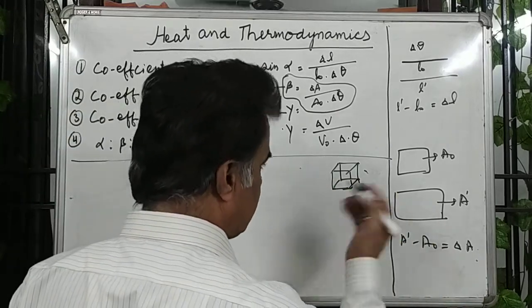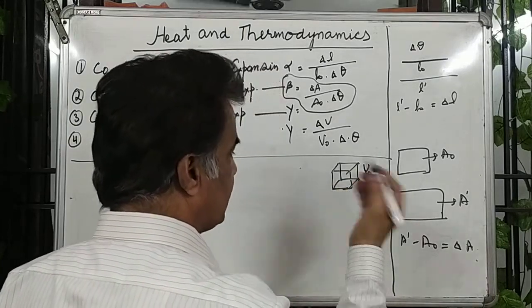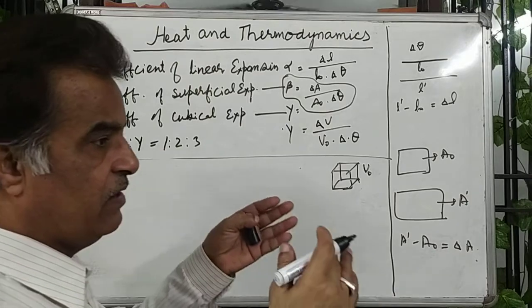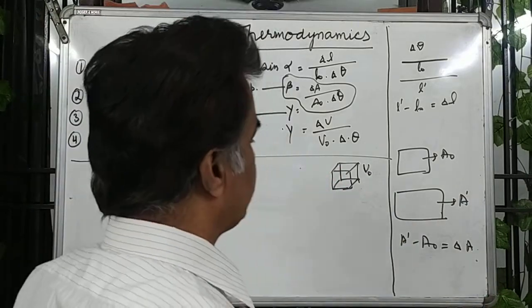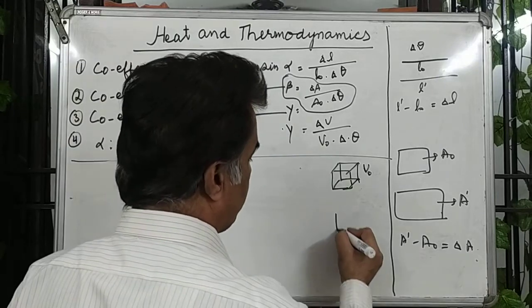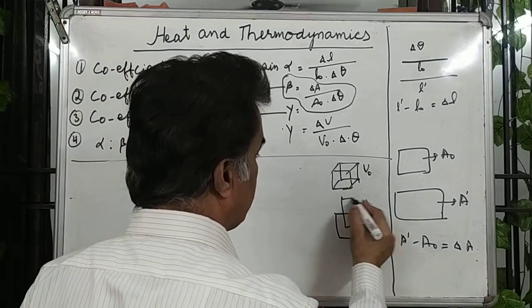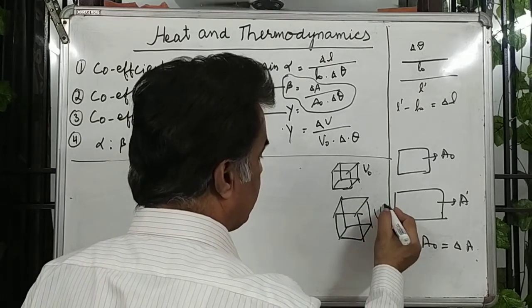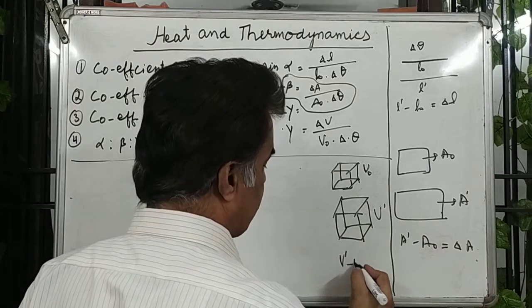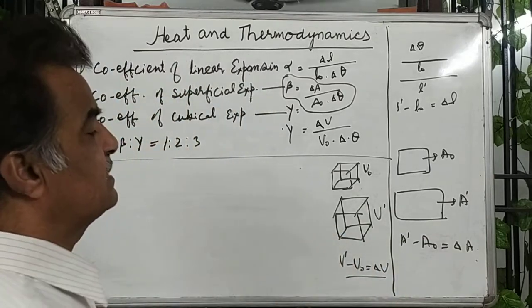Its initial volume is V0. With increase in temperature, length, breadth and height, in all three dimensions, there will be expansion. So now the volume will change. Let the new volume be V dash. So V dash minus V0 is the change in volume.